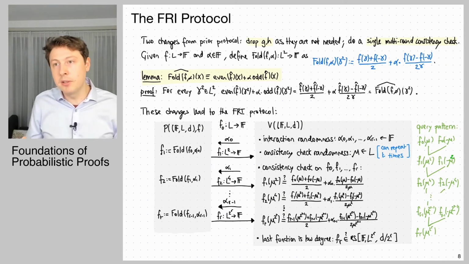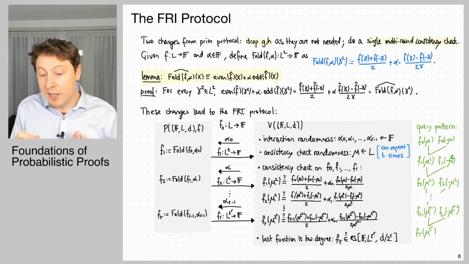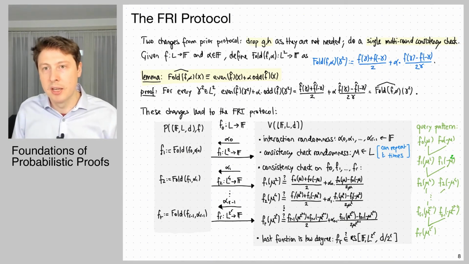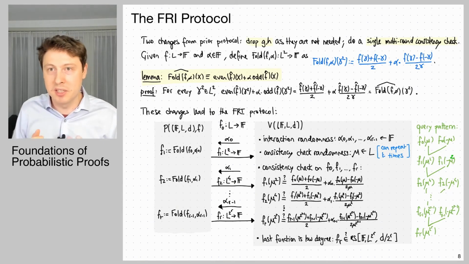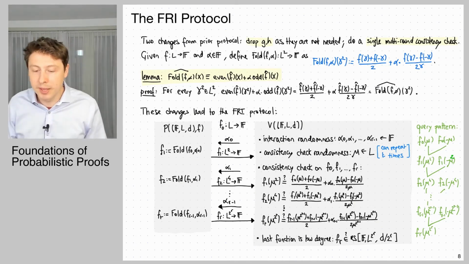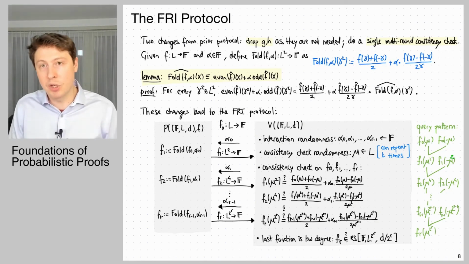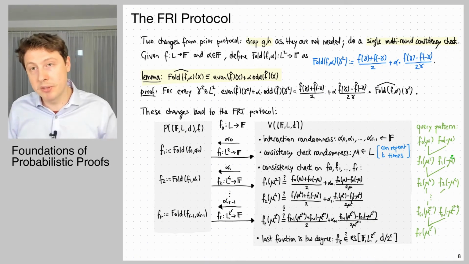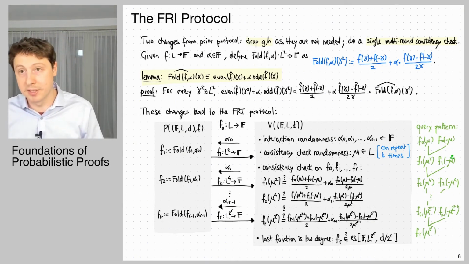So at every round, the prover has the option of either sending something that is very consistent with the previous one, in which case this folding property is determined and its distance cannot go down, or it can expose itself by sending something that's a little bit inconsistent, in which case it will expose itself to being caught by one of these checks, right? At some point, the problem becomes folded enough so that it is of constant size, and we just check it, okay? And because distance was preserved throughout, that makes sense.